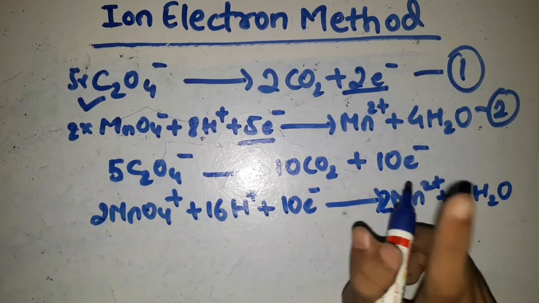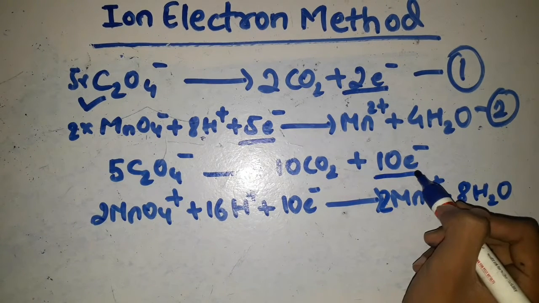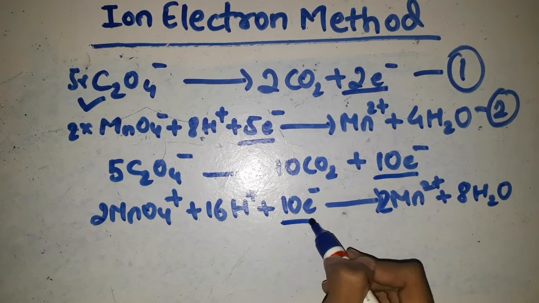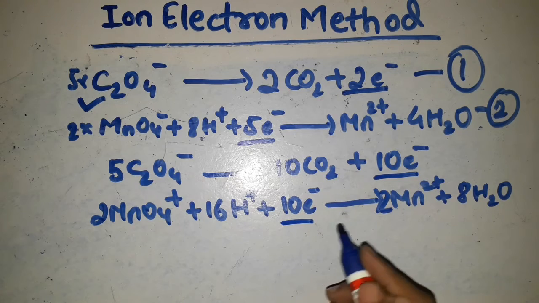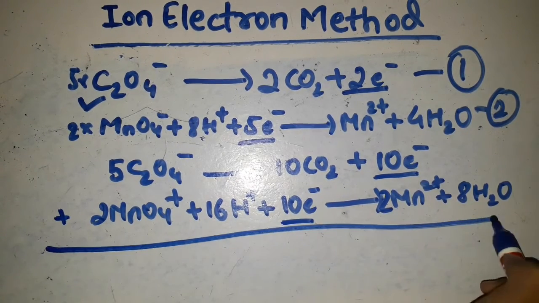Here we should keep in mind that the electrons in the first equation are on the product side and the electrons in the second equation should be on the reactant side. These electrons should be on opposite sides so that when we add the equations and write them in one form, they get cancelled out.